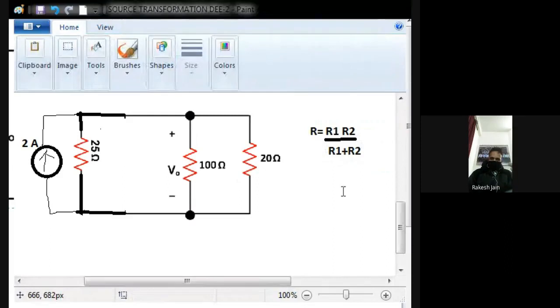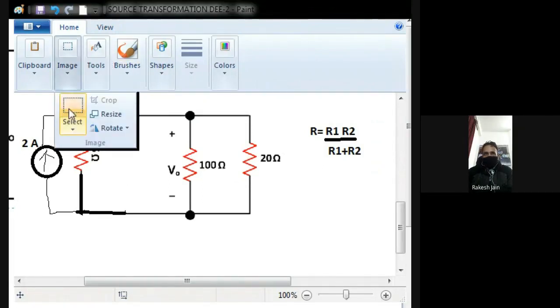Is it clear? Whenever two resistances are in parallel, the resultant resistance will be equal to the first resistance R1 multiplied by the second resistance R2 divided by R1 plus R2. So here R1 is, let's suppose, 25 ohm, and R2, the second resistance, is 20 ohm. We just talk about this 25 and 20 ohm.